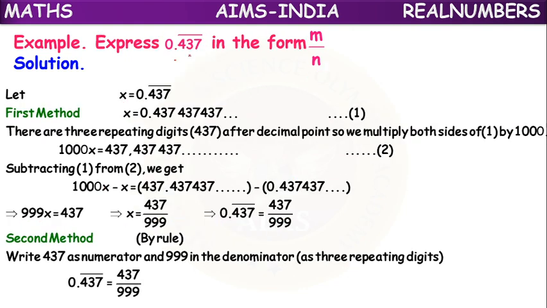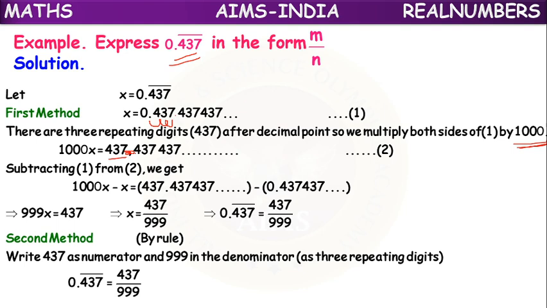Next, 0.437 bar. Here 3 digits are repeating. So let's multiply by 1000. The point will move 3 places: 1, 2, 3. Means after 437, we have to keep a point.